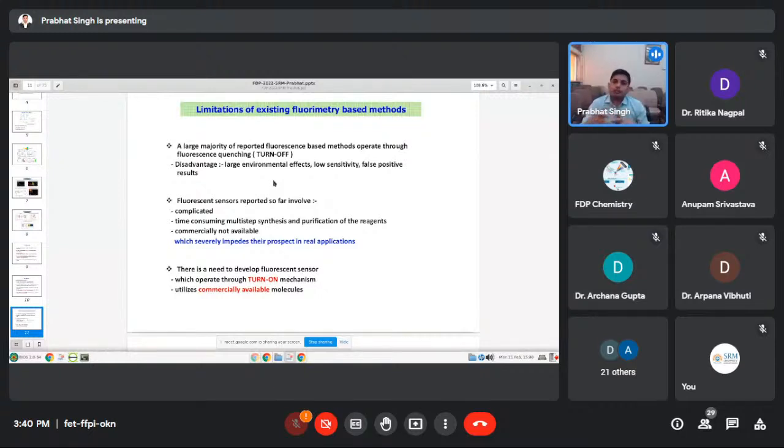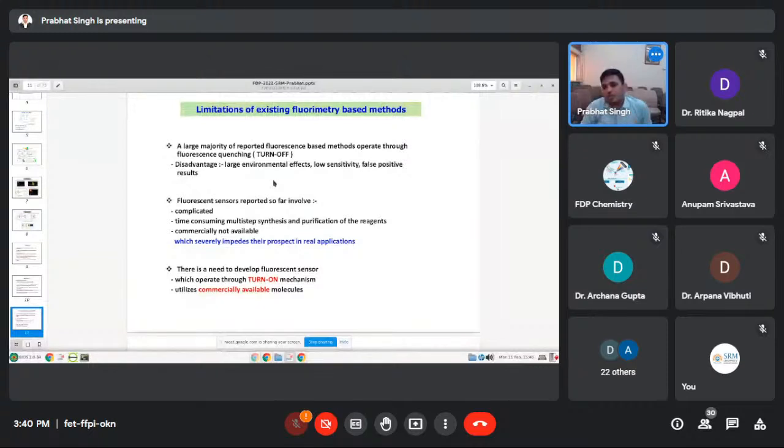Now, what is false positive? If you take a sample in solution and try to measure its emission intensity, and you measure after 5 minutes, and after 10 minutes, you'll see whether the signal is changing or not, or reproducible or not. You have not done anything to it. Some of you definitely have experience with these measurements.